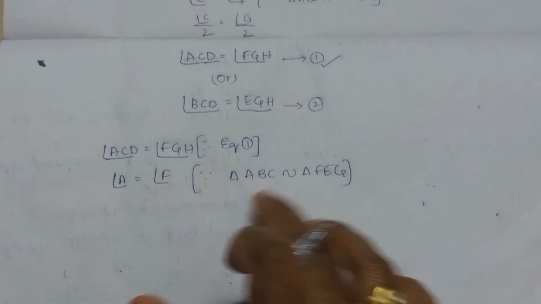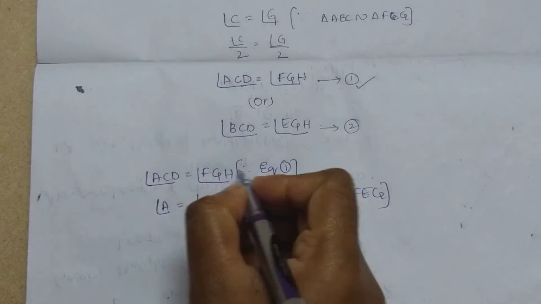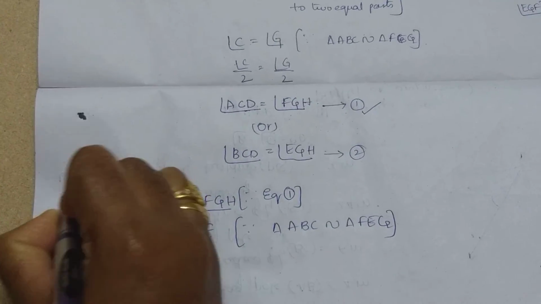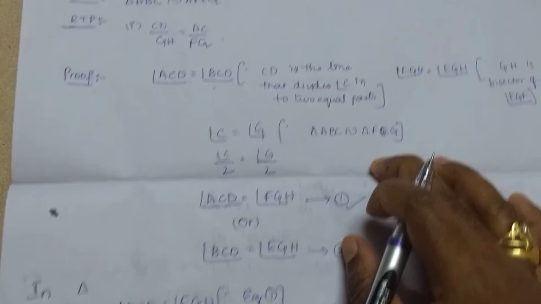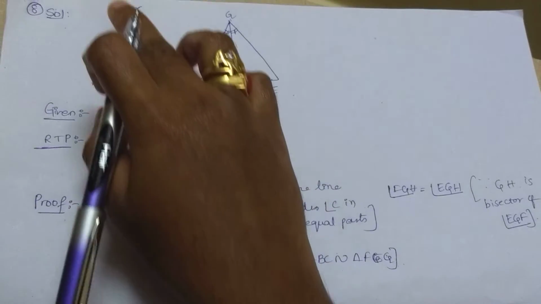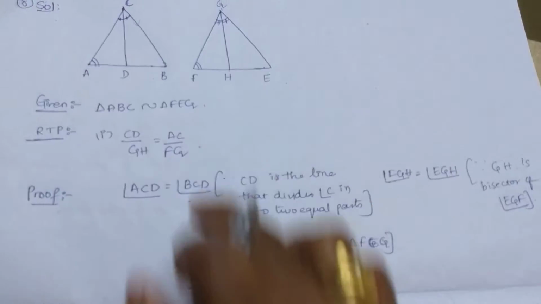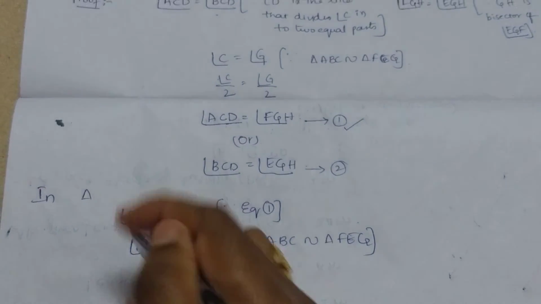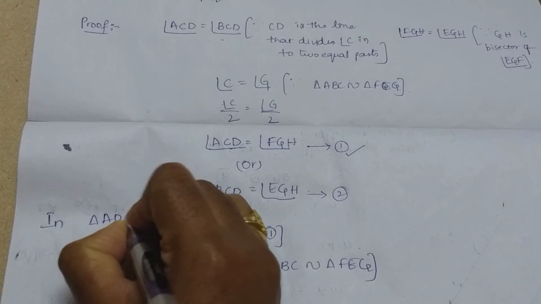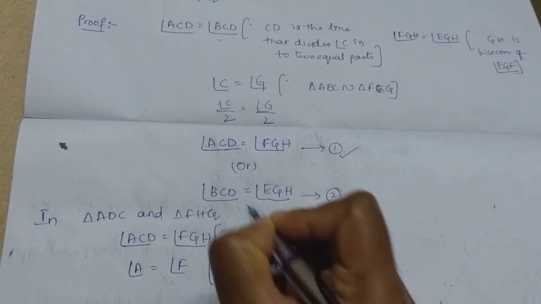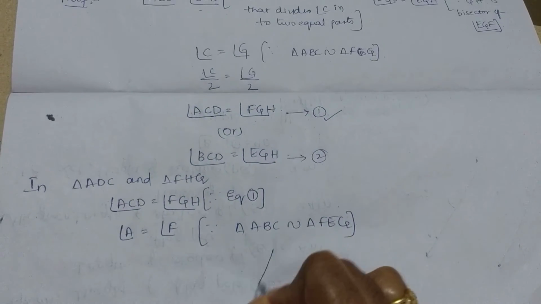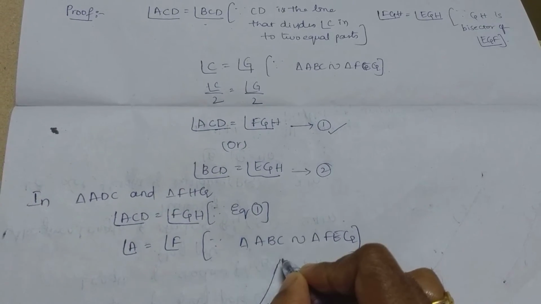Now we have considered these two triangles, triangle ADC and triangle FHG. Let me draw this for your understanding. I am drawing it here.